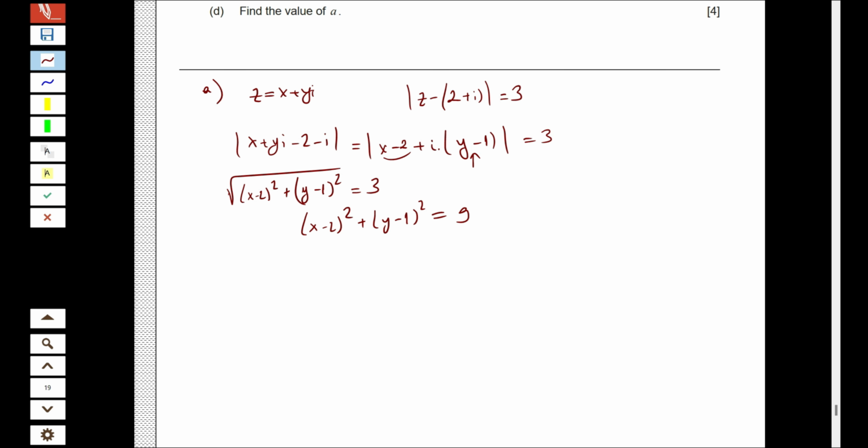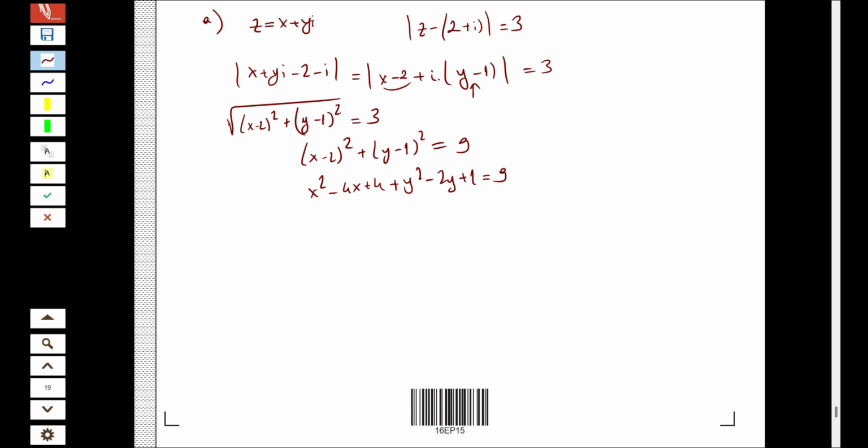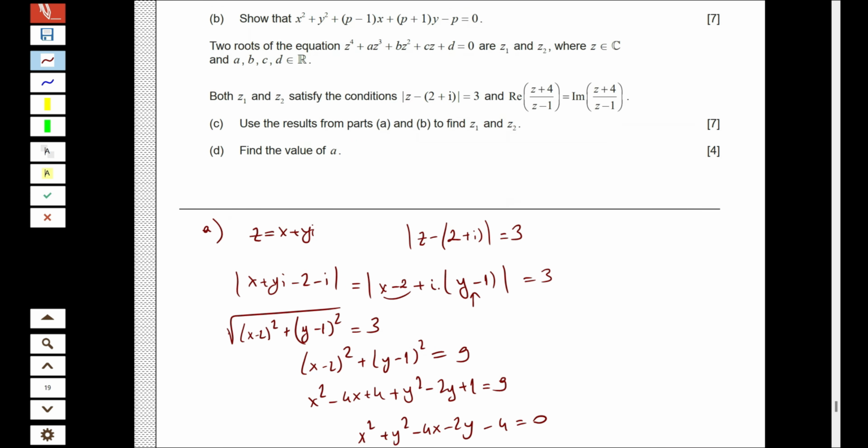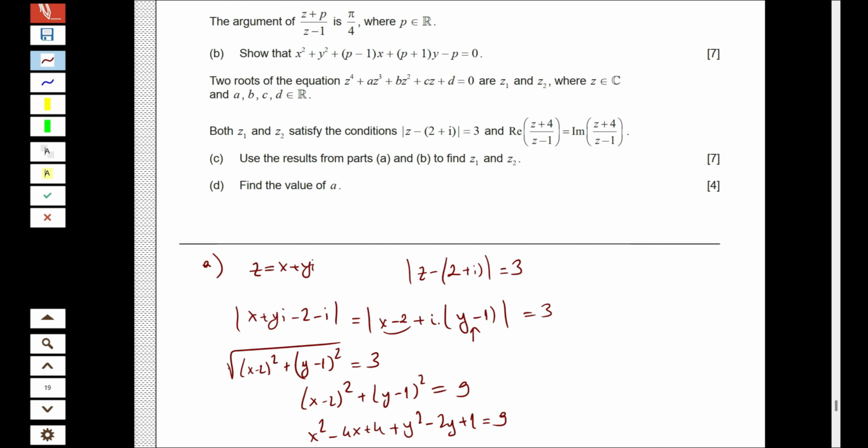And the square of x minus 2 is x squared minus 4x plus 4 plus y squared minus 2y plus 1 equals 9. And again, combining the like terms and simplifying, we can write x squared plus y squared minus 4x minus 2y plus 5, but when you subtract 9, it's going to be minus 4. We found it, right? Yeah.